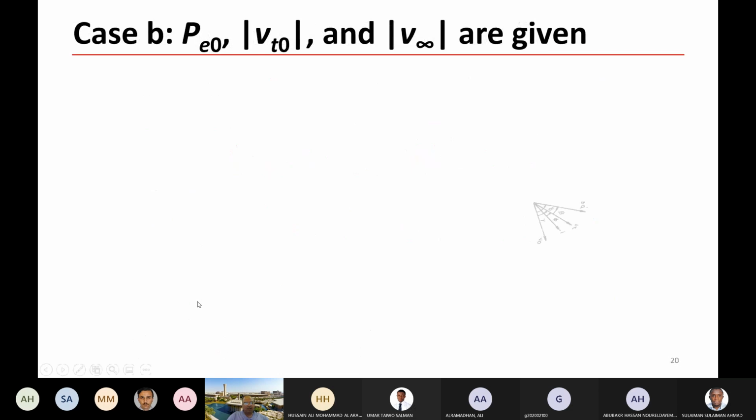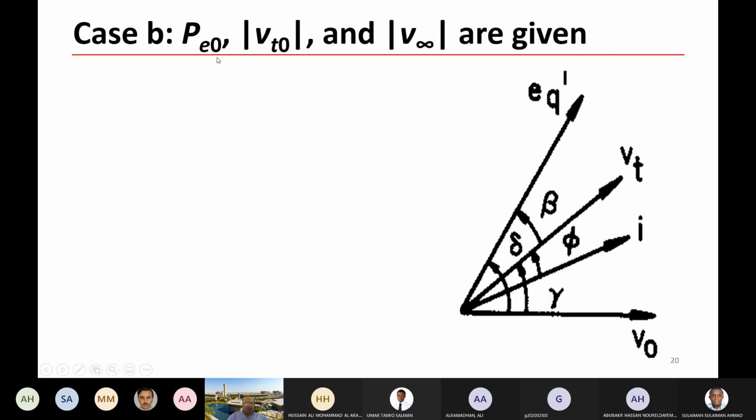The second case is if you are given the real power, terminal voltage, and the infinite bus voltage. Still you can find the initial conditions if we define the angle beta between Vt and Eq prime. Again, where is the D axis and the Q axis? This is the Q axis, Eq prime, and this is the D axis.